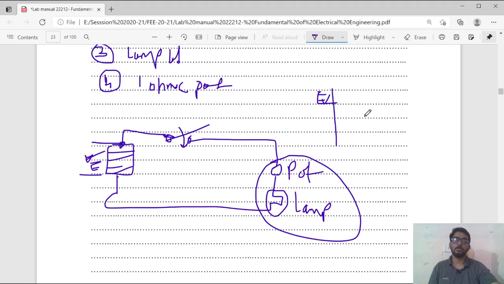Now, connect the multimeter across this lamp, vary the pot and read the terminal voltage for different readings. Assume that this E should be constant like this.